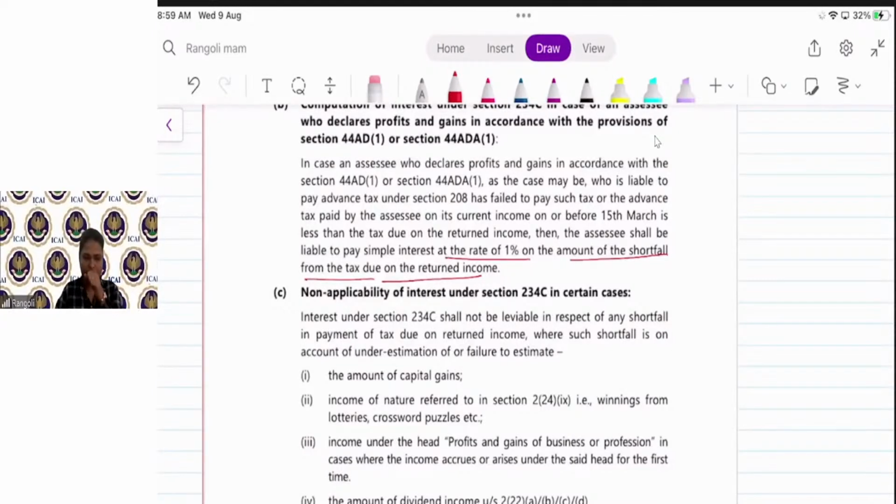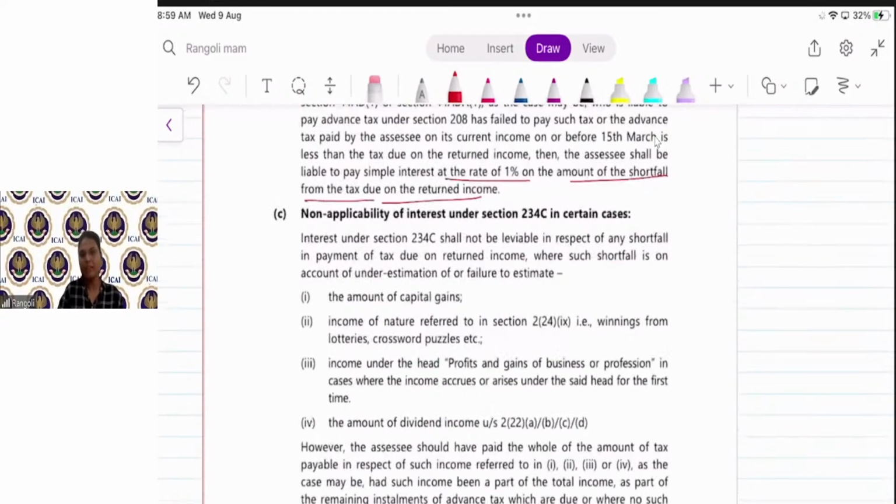Okay. Same is the case with casual income. Say, for example, in the month of June, I have no idea if I will win the lottery in the month of December or not. So because of casual income, if your income increases and your tax liability arises, then for the previous quarters, interest under section 234C is not leviable.